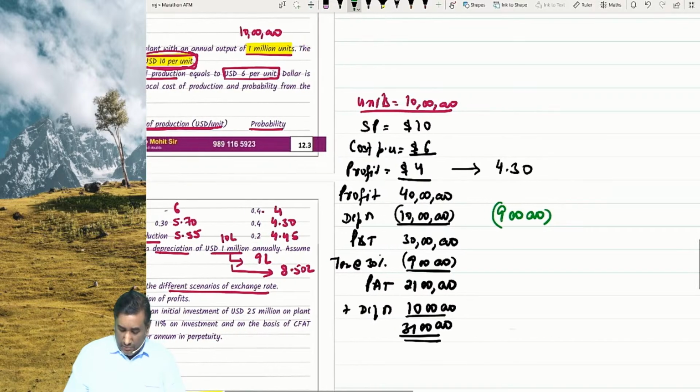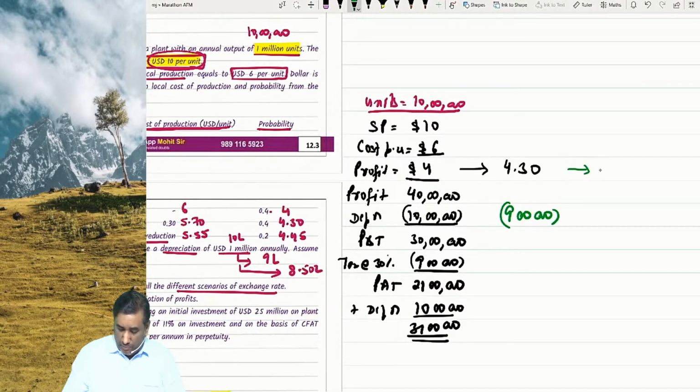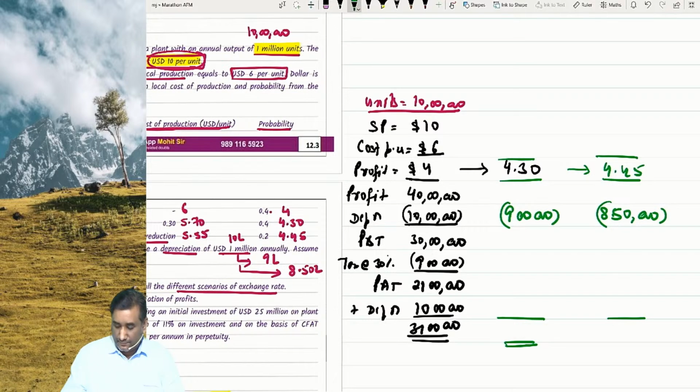And in the third scenario, your profit would be 4.45 and depreciation would be 8.5. Calculate the CFAT, please.